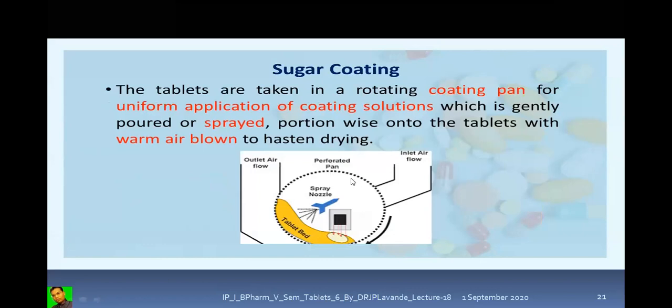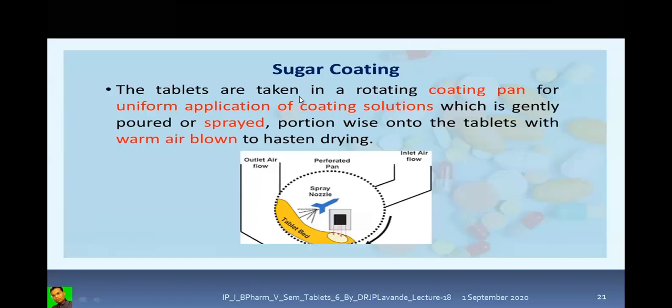This is the perforated pan. Why is it perforated? Because in order to dry the tablet bed, air is blown onto it, and the sprayed solution will contain some volatile solvents. In order to remove them, this exhaust system, this outlet airflow, is required.